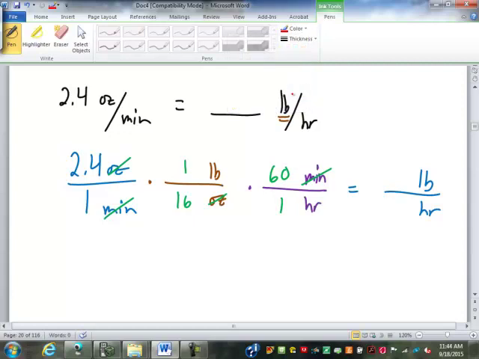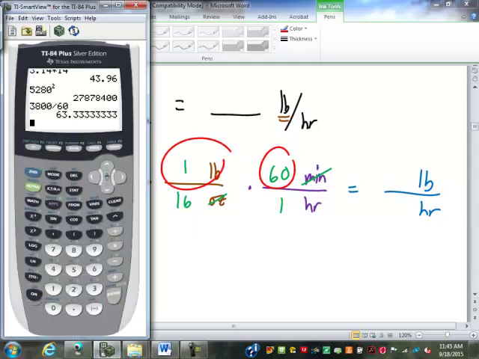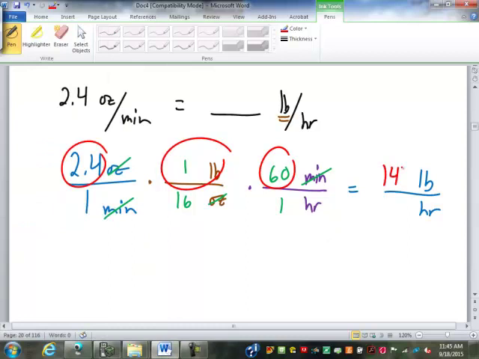So for this conversion, we have 2.4 times 1 pound times 60. 2.4 times 60 is 144. On bottom, we have 1 times 16 times 1 hour is 16 hours.